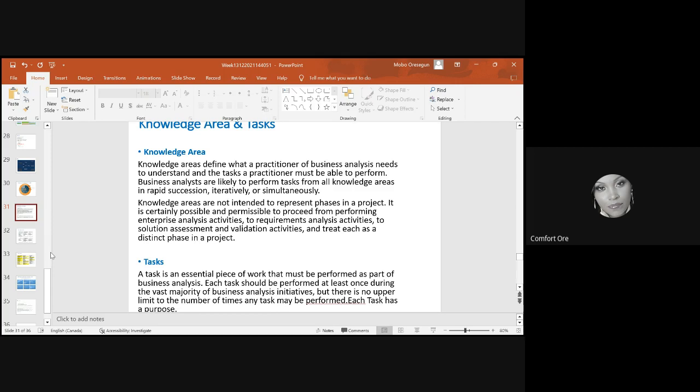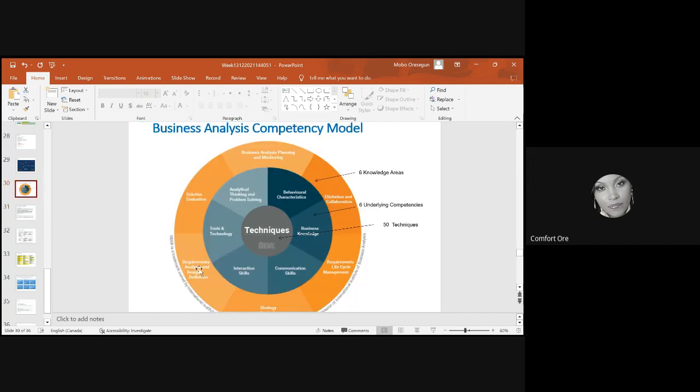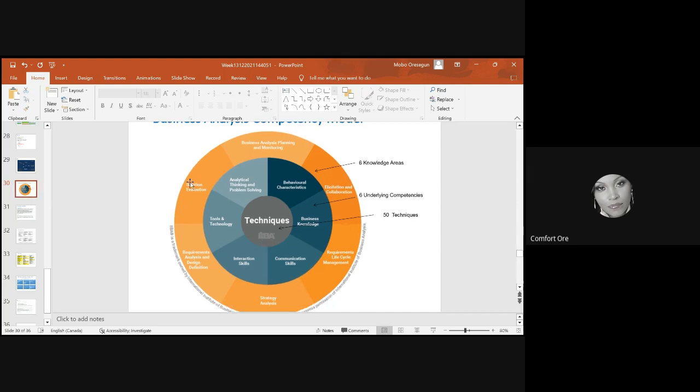from the beginning: as a business analyst, before you're brought into a project, what happens? There's a problem or an issue existing. And once that happens, that means there is going to be a solution evaluation right here.